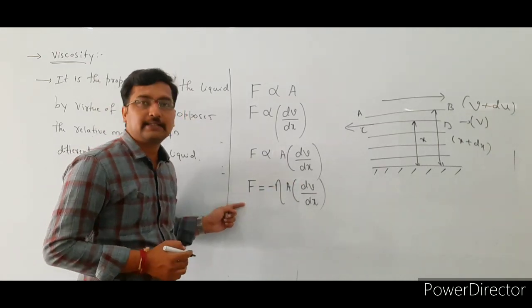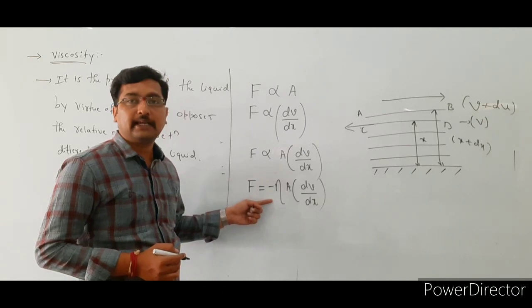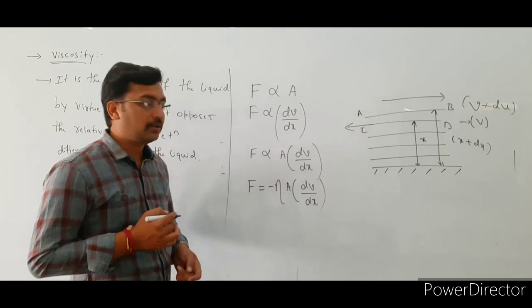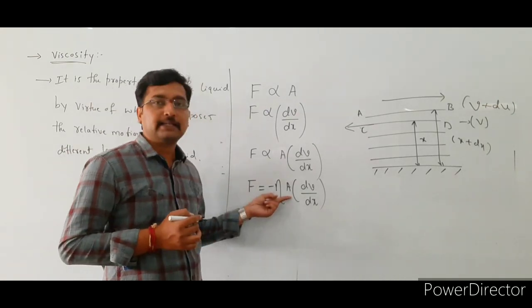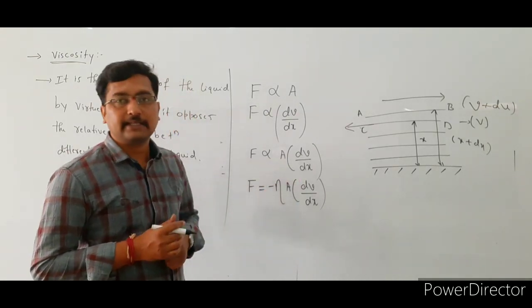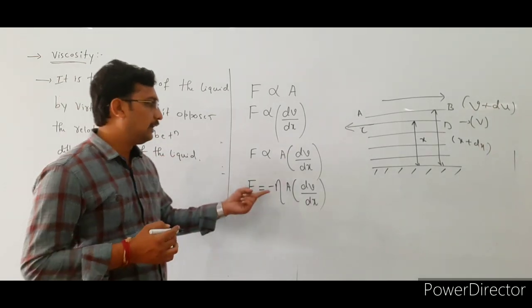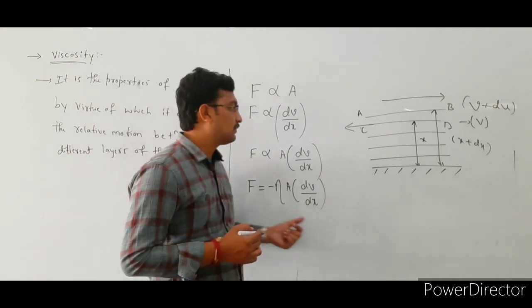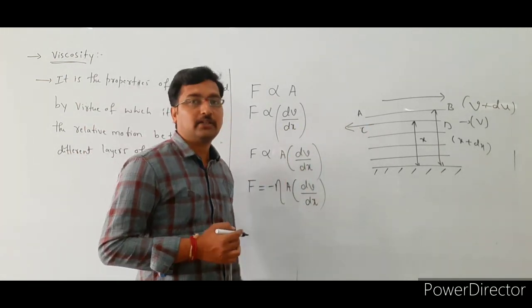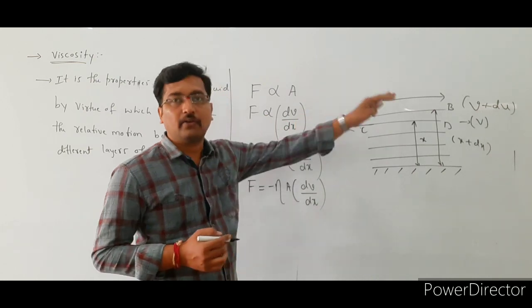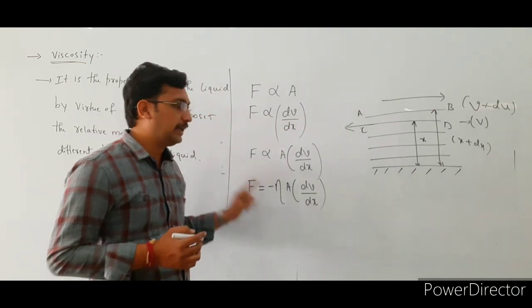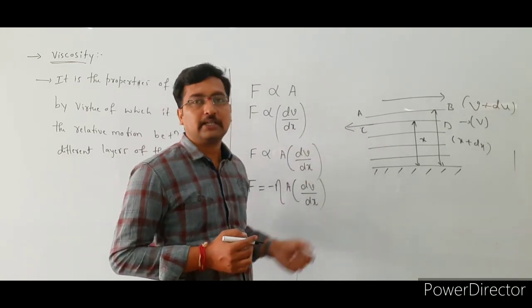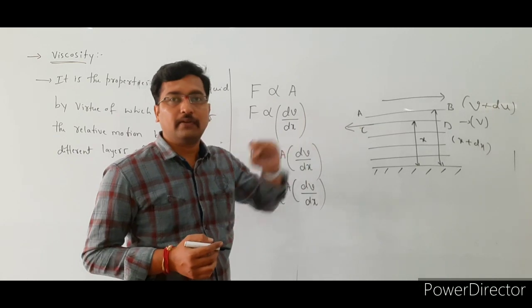Here F indicates the viscous force, eta indicates the coefficient of viscosity, A indicates the area, and dV by dx indicates the velocity gradient. The negative sign indicates that the viscous force acts in the opposite direction to the direction of flow of the liquid.